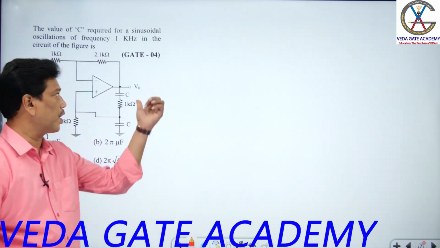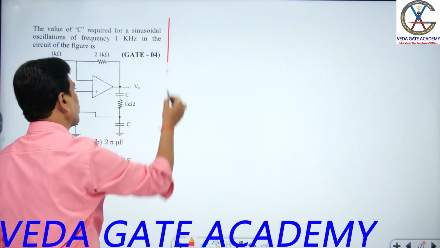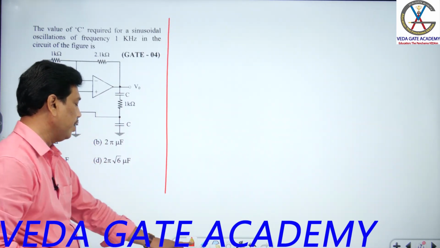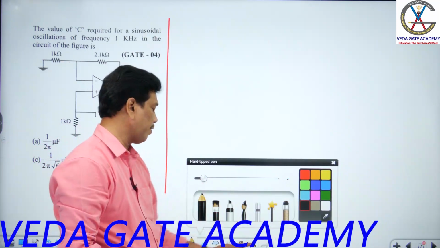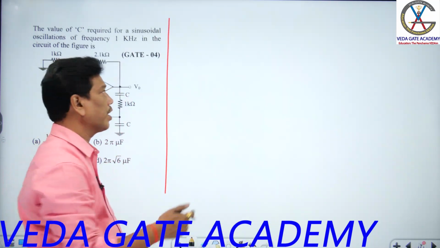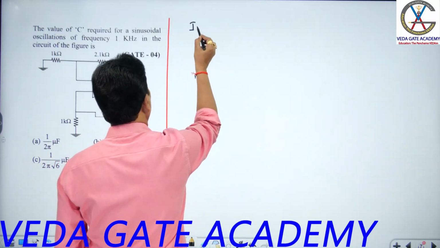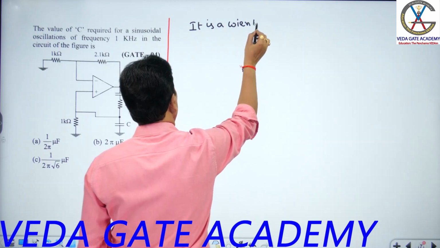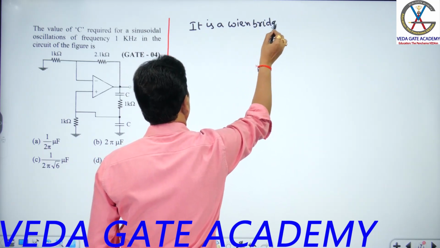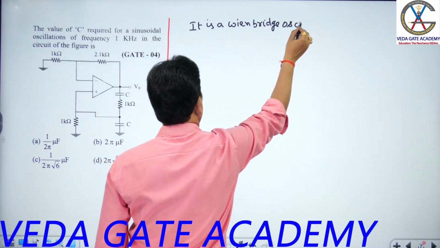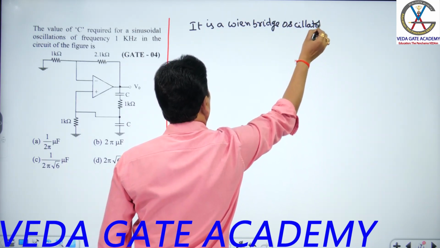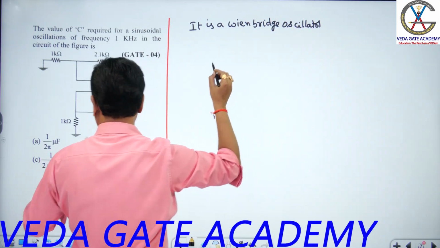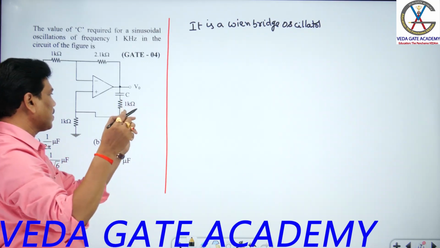Now it is a circuit of a Wien-Bridge oscillator. You are asking the value of capacitance at a frequency of 1 kHz. These are the RC parallel branch and this is the RC series branch.